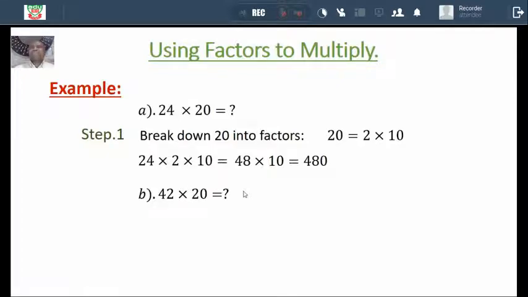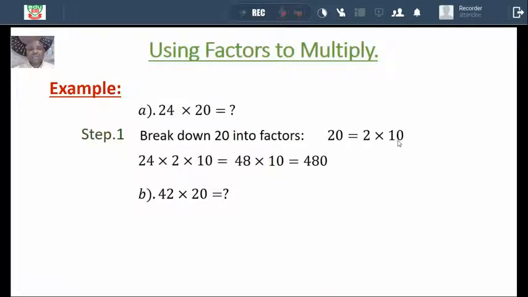42 times 20. What do we do? The same thing. First step, break down one of the numbers into factors. Here, simple. Let's break down the 20 into factors. We have done the factors of 20 here. Now we're just going to use the same factors again. Use 2 multiplied by 10 instead of 20.